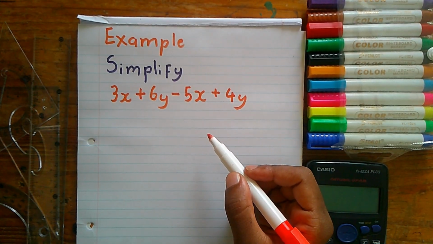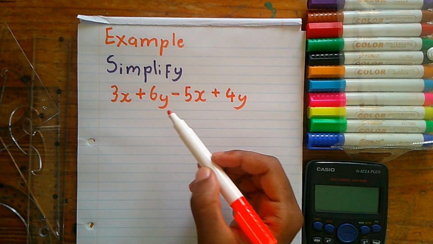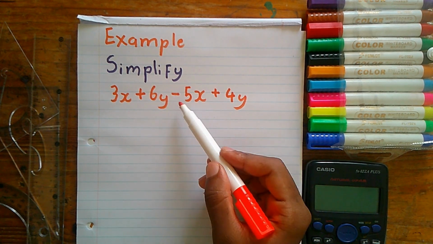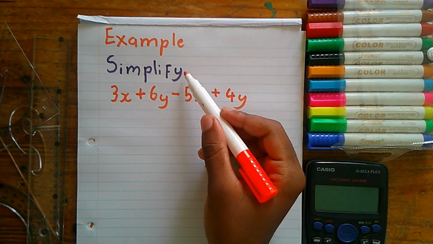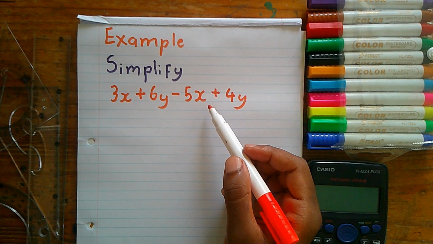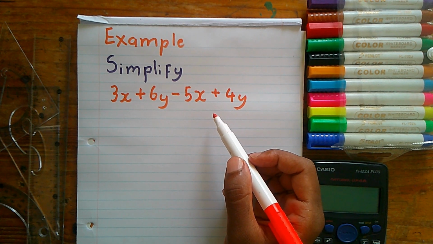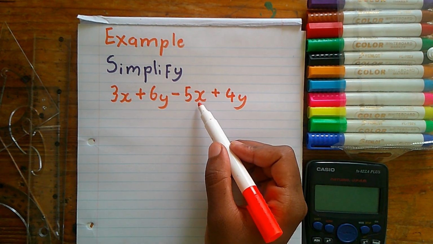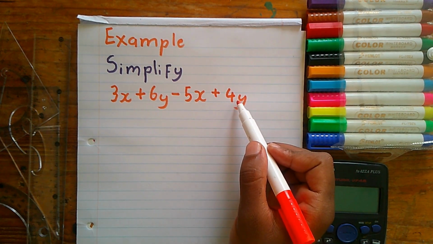Based off everything we've learned so far, we will now take an example. We're given an expression 3x plus 6y minus 5x plus 4y, and we are required to simplify this expression. What we're going to do here is to simply combine the like terms, which in our case will be 3x with negative 5x and 6y with 4y.